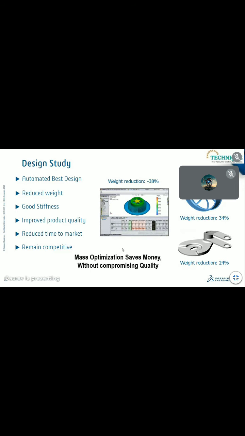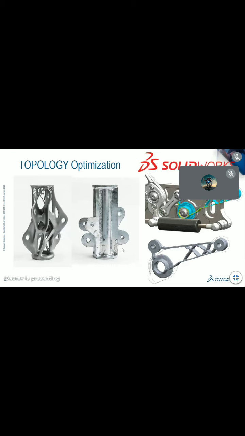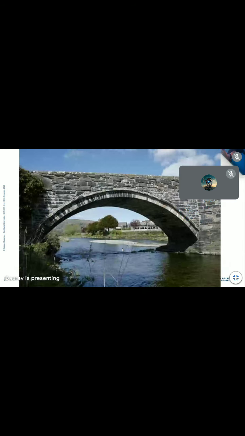Then moving ahead, we have this topology optimization. Now, topology optimization means shape optimization, correct? If you want to change the shape, there are just a few questions, like, is this too bulky?